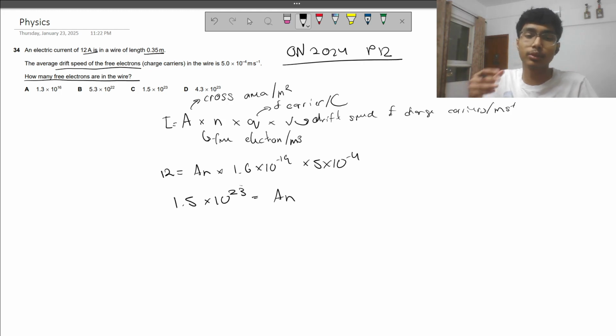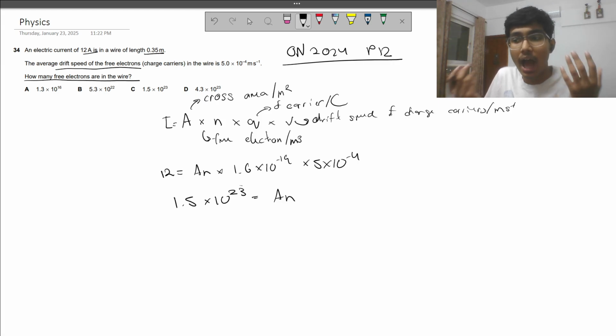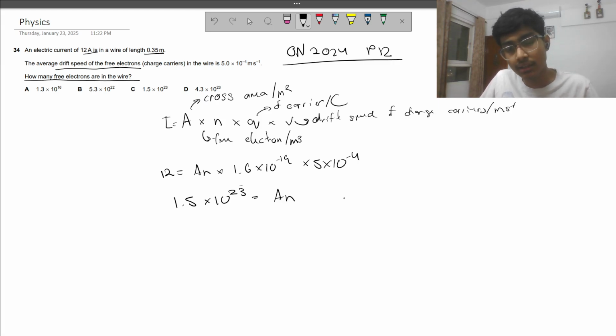Now let's just process what An means. If you write out the units, we know area is meters squared, and we know that N is the amount of free electrons per volume, right? So if we times that, because this is per volume, number of electrons from the total volume, right?